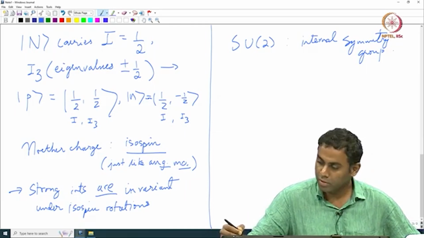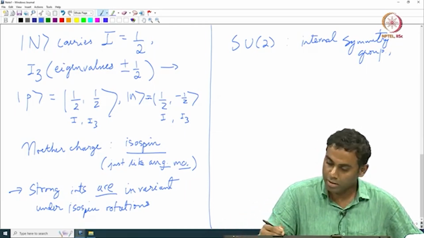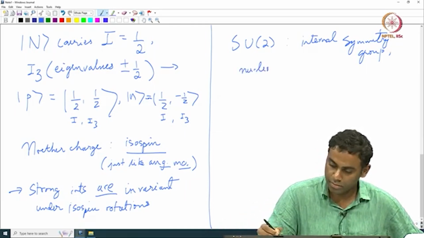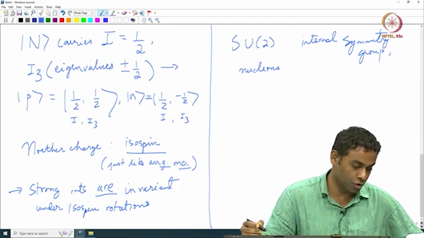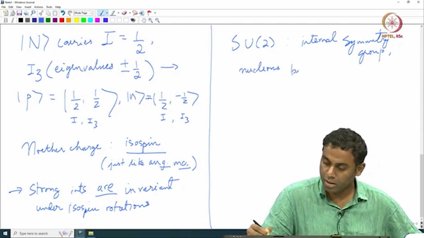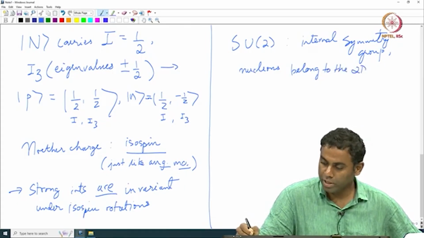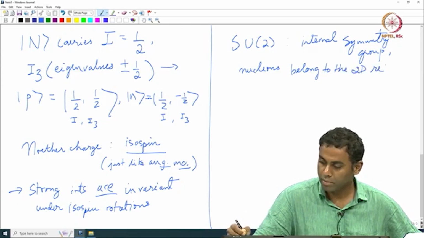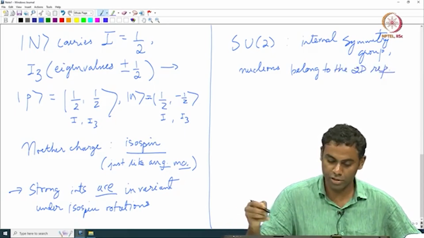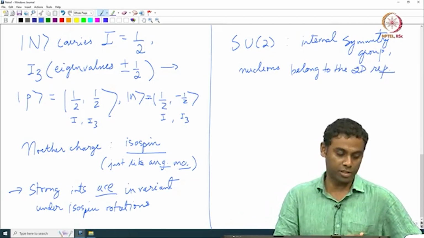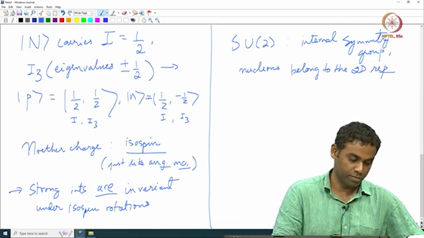And of course, I also have to specify that the nucleons, that is the neutron and the proton, belong to the 2D representation. That is trivial, we just wrote everything as 2D representations.